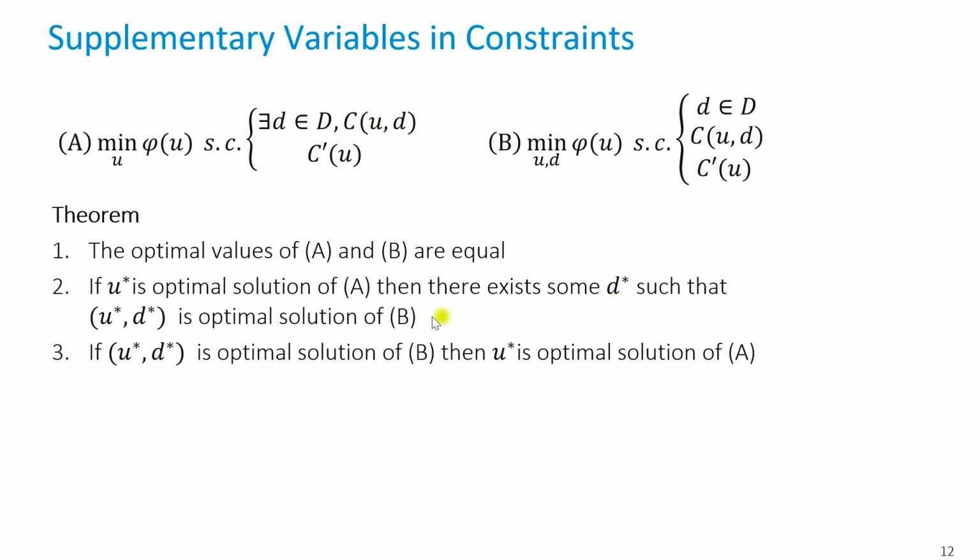So there exists a d star such that u star, d star is an optimal solution of B. And vice versa. If I have an optimal solution of B, then the u star is an optimal solution of A. So apart from this change of whether a variable is a dummy variable or is an optimization variable, it is the same. So take home message.